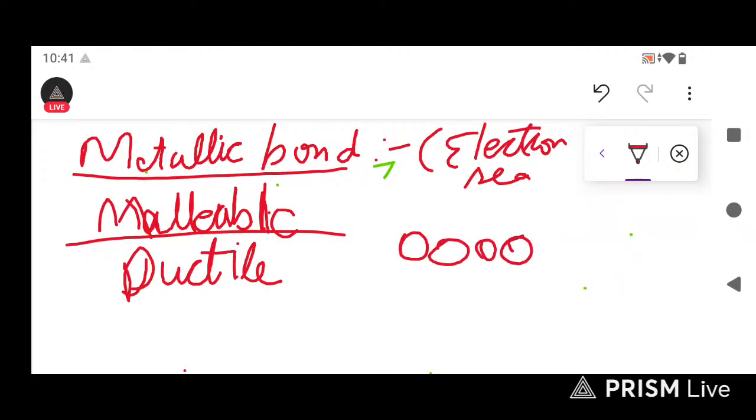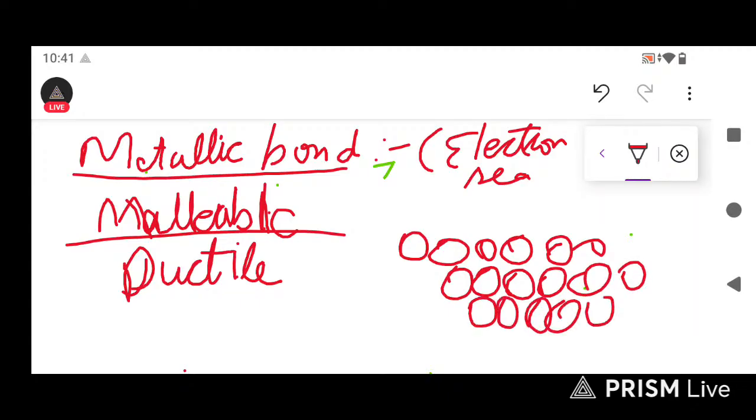If I show you in the diagram, these are the metal atoms, and when pressure is applied, these atoms slip past each other without breaking the metallic bond. This means metals cannot be broken, but under high pressure only the atoms slip past each other without breaking the metallic bond.